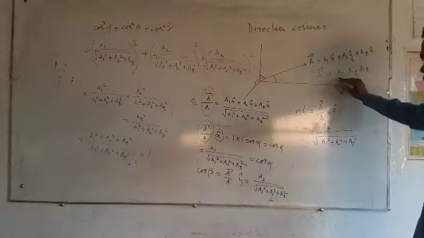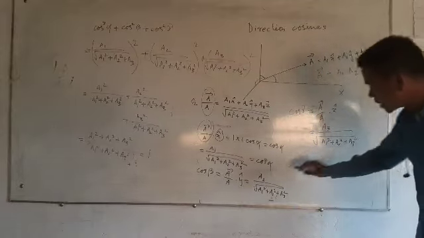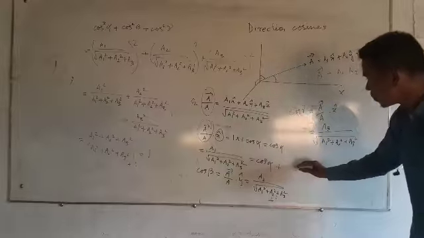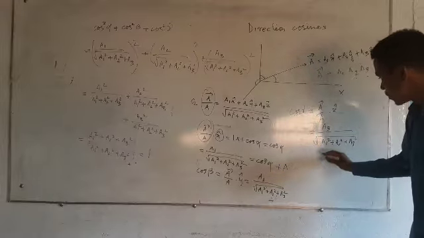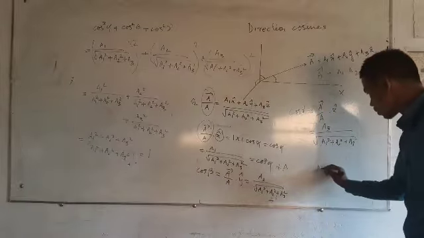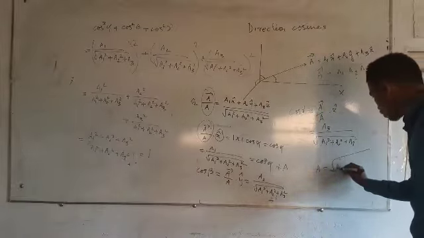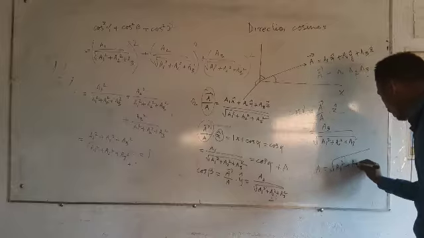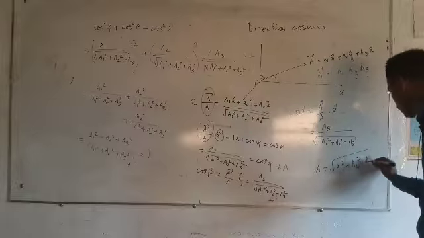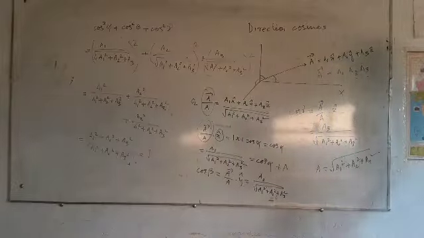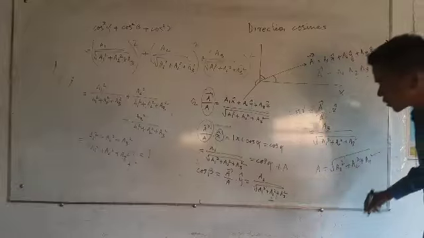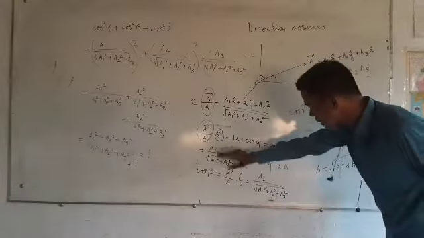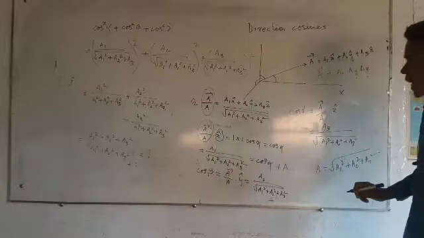If I multiply cos alpha by the magnitude A, where A is root over A1 square plus A2 square plus A3 square, we are left with A1, the component of the vector along the x-axis.